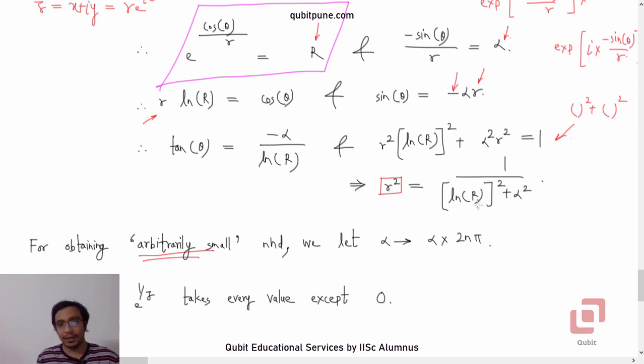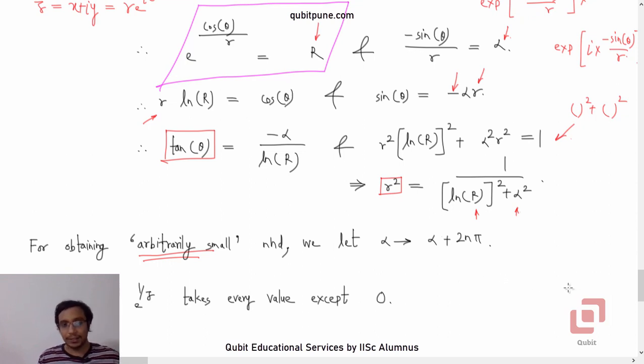We can say, let's not change uppercase R. Let us just keep on adding integral multiples of 2 pi to this, which will make sure that tan theta doesn't change, but r will keep on decreasing. So if we replace alpha by alpha plus 2n pi, it will make r smaller and smaller and smaller.